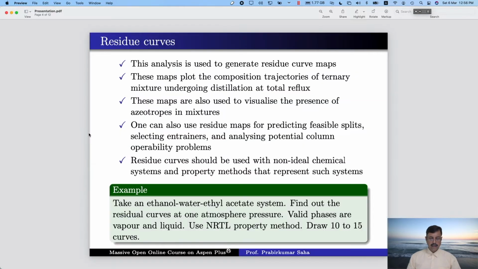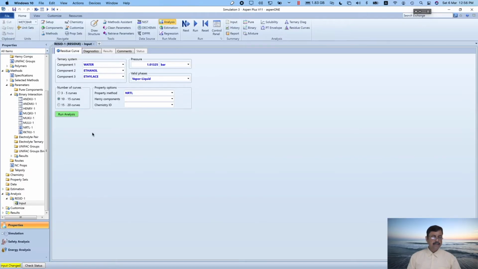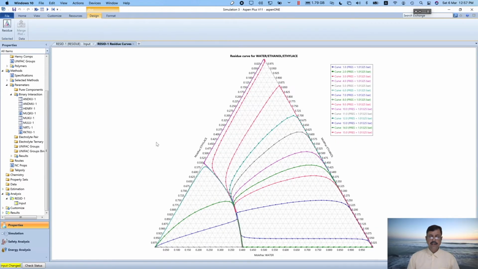That's what has been asked. So run analysis. So we have 15 curves, curve 1, curve 2, curve 3, curve 4, and so on. Okay. So this is the residual curve that can be generated from the residual curve method.